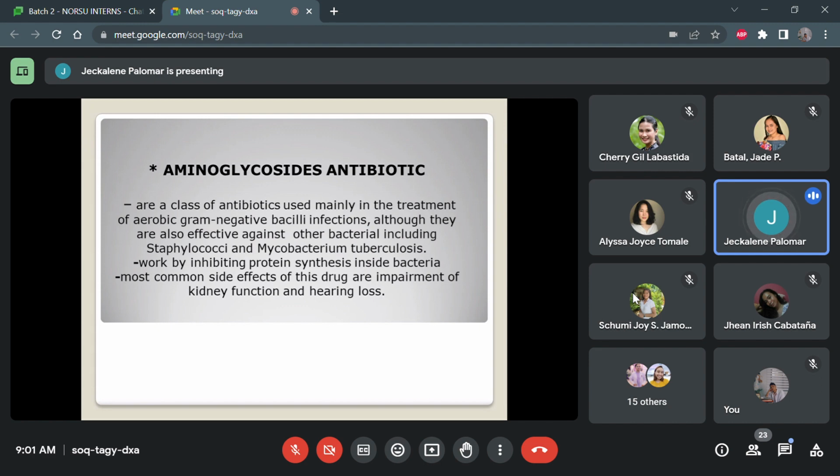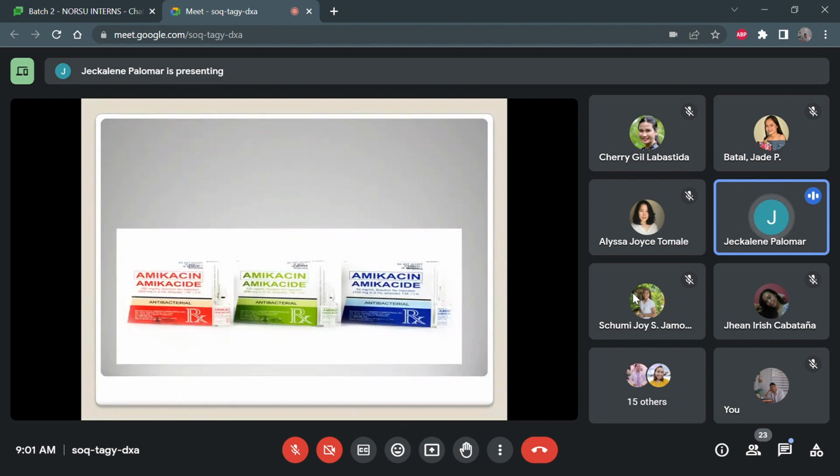They work by inhibiting protein synthesis inside bacteria, and the most common side effects of this drug are impairment of kidney function and hearing loss. Example: amikacin. The brand is Amikacide, 100 milligrams, 250 milligrams, and 500 milligrams.